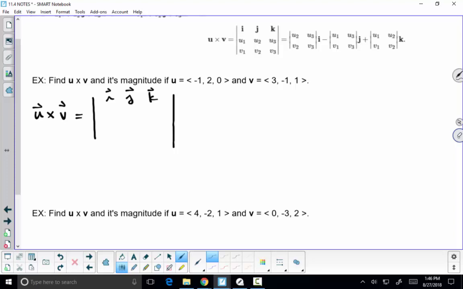So we're going to set up this matrix. Typically when you define a matrix, you use brackets. Notice that we have an absolute value symbol instead of brackets. That means the determinant of the matrix.